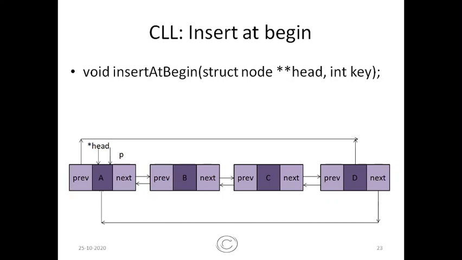Now before that head address, you want to insert another node of this doubly linked list type, before the head node or the first node. So the prototype of this function will be void insert at begin, struct node double star head, and the new key value will be int key, that is an integer type.